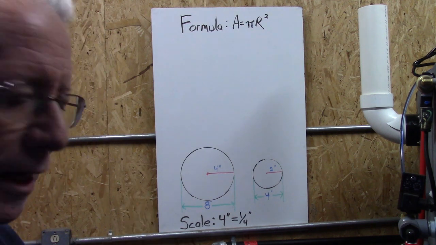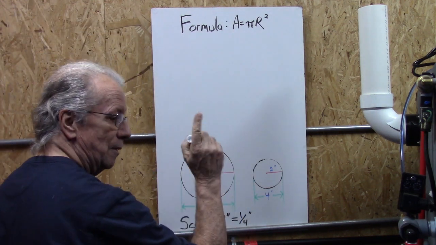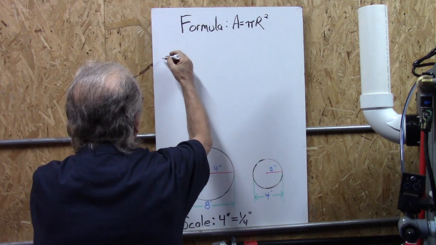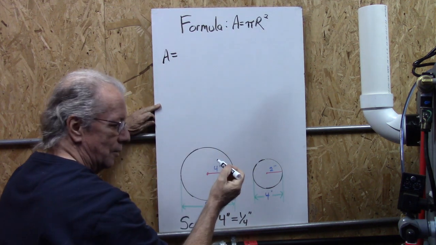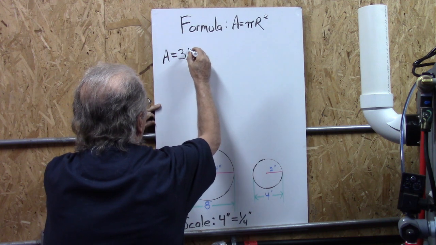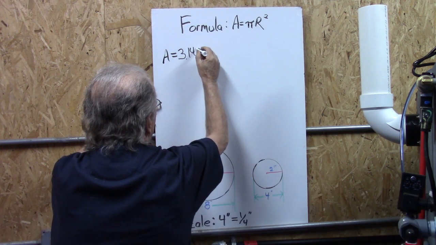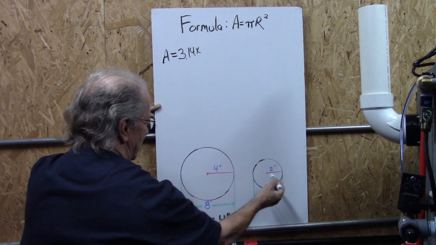So we need to figure out the area. So a little bit of math here. Check me, make sure I get it right. I'm going to try and do this in my head. Okay, area equals pi. We're going to go with 3.14, times the radius, which is half of the diameter.